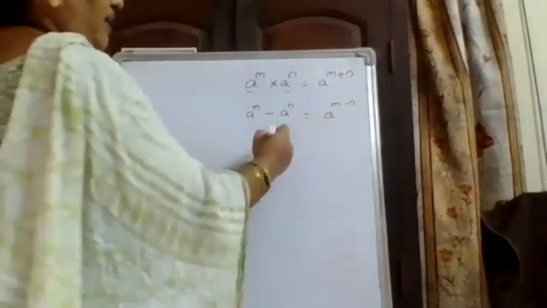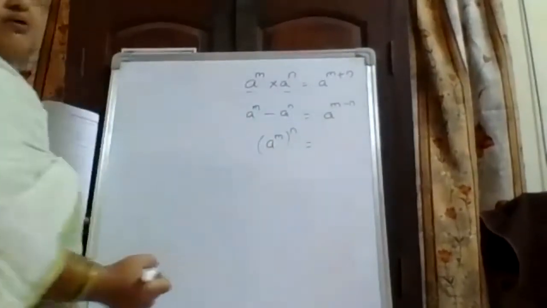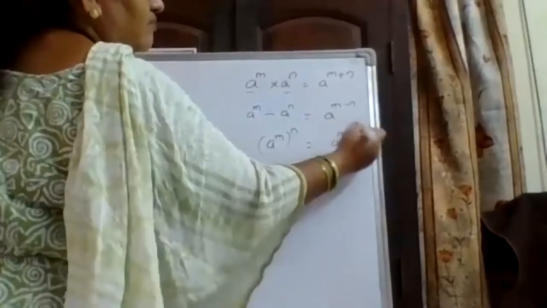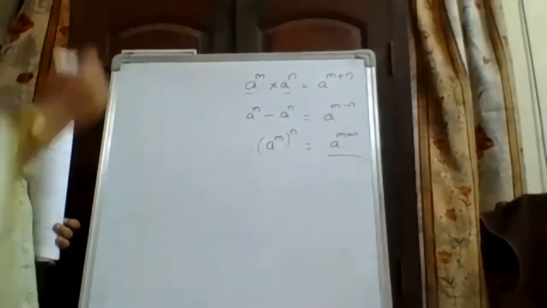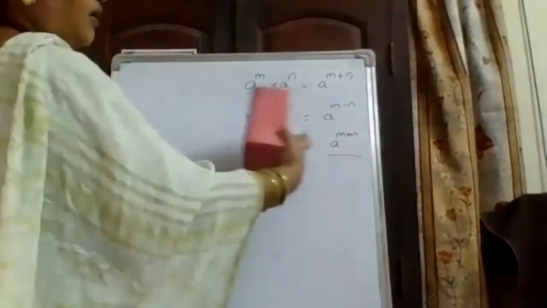When I have power to the power, a power m whole to the power n, now the powers will be multiplied, so it will be a to the power m into n. That is what we are now going to use for finding the square root of your expressions, so we are using the third one.